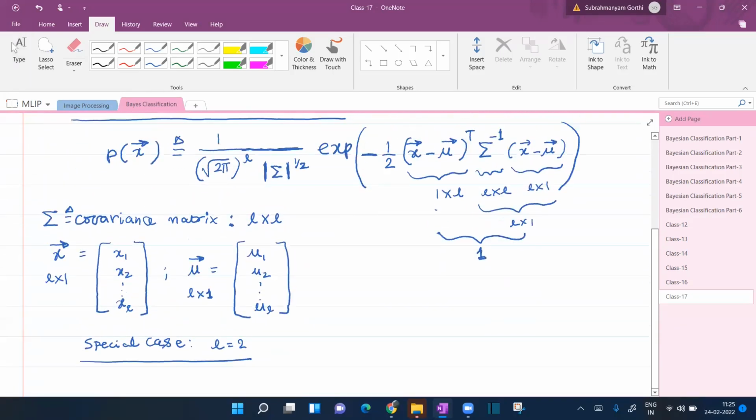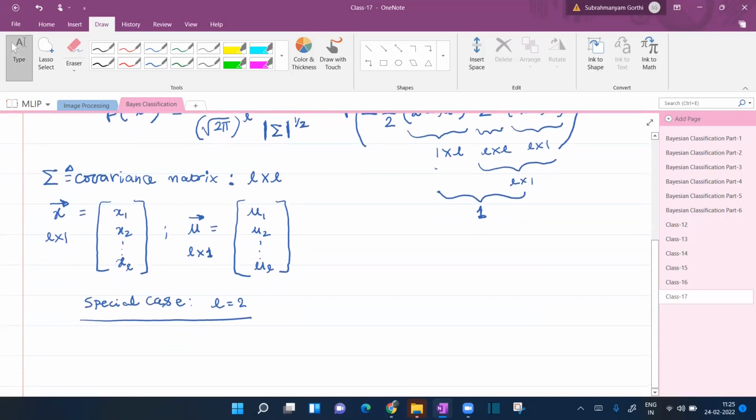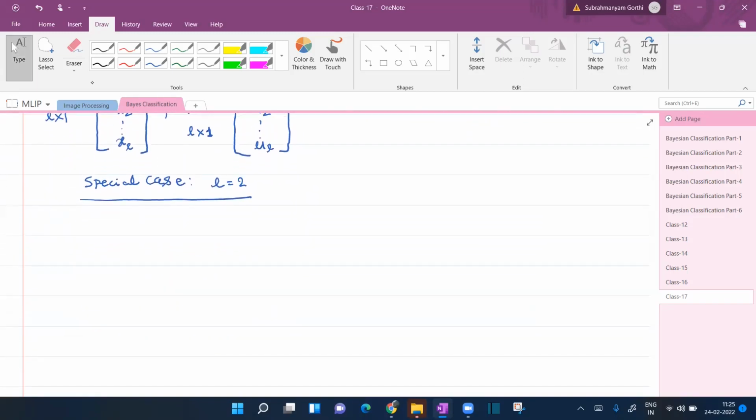Please try to write along with me, or competing with me, writing it a little faster. So essentially, this is the probability as a function of both x1 and x2.